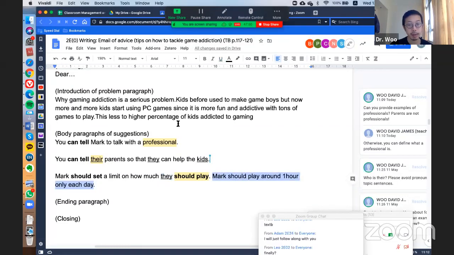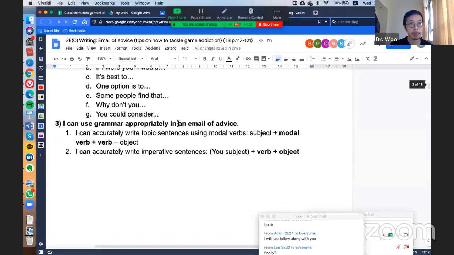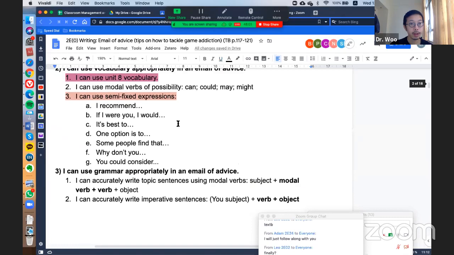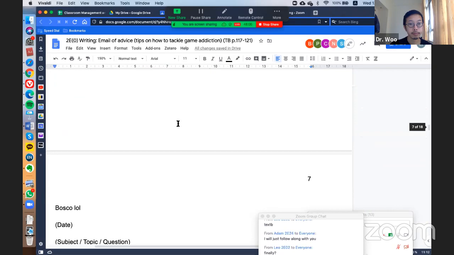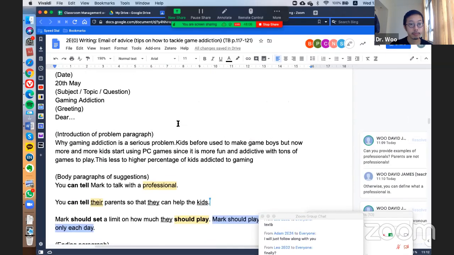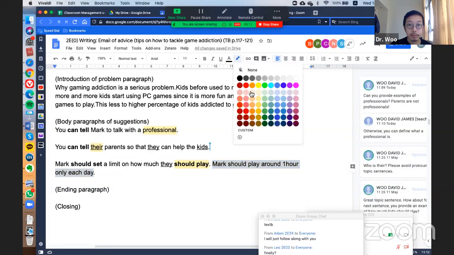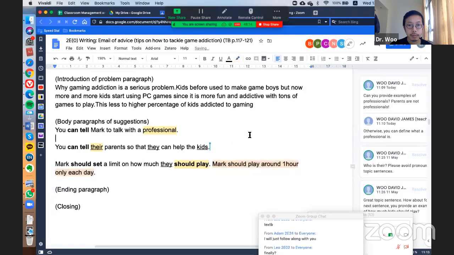And that's a great example. What color is the example? And be careful, Mark is one person, but then you use they, which is confusing because they is more than one person. Mark should set a limit on how much he should play.